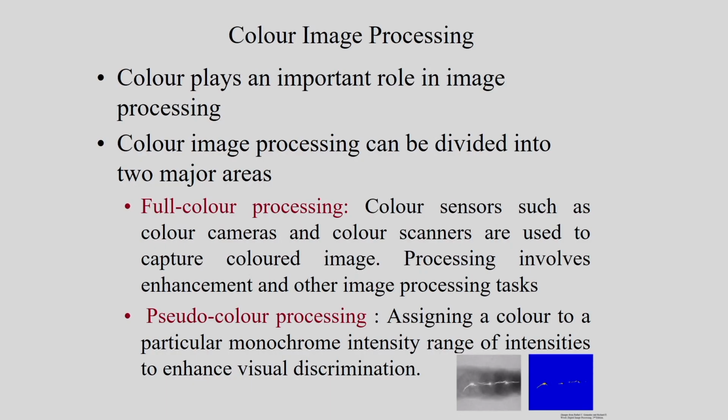So you can see here I have two types of processing. One is full color processing, which I have already explained, and pseudo color means false color processing. That is assigning a color to a particular monochrome range of intensity, to enhance visual discrimination.